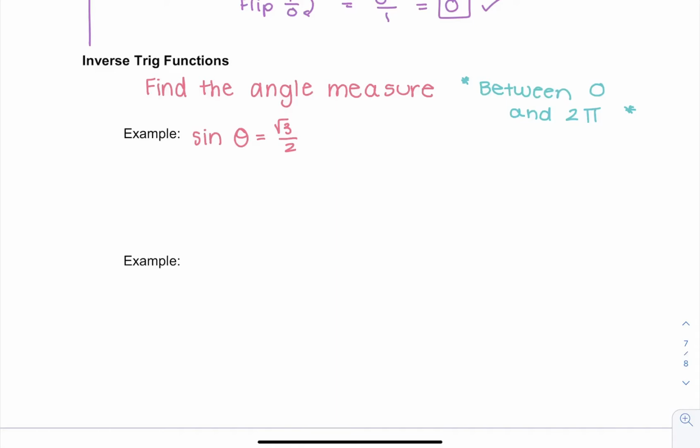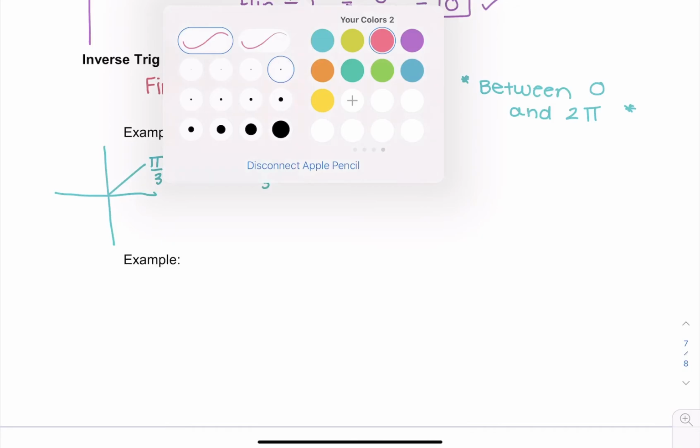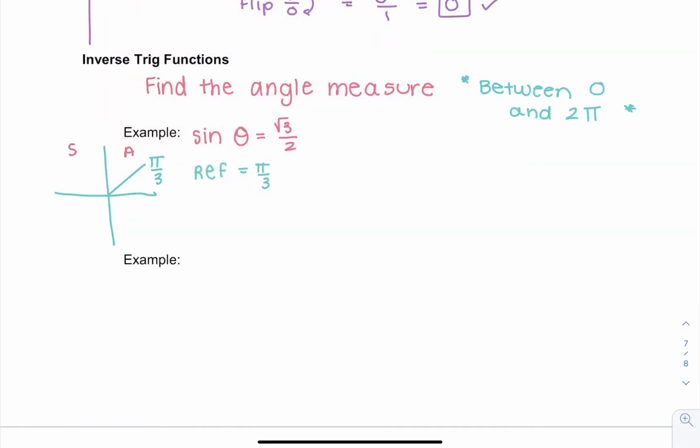So let's say we have sine of theta is square root of 3 over 2, and I want to know where that happens. Well, if I look at my chart for what angle has a sine value of square root of 3 over 2, and I'm working with my radians chart, the reference angle for that is pi over 3. So I know at least I've got pi over 3. Now I want to know, where else am I going to get a value that's square root of 3 over 2? If I think about all students take calculus and I want the 2 positive values, I want this value and this value.